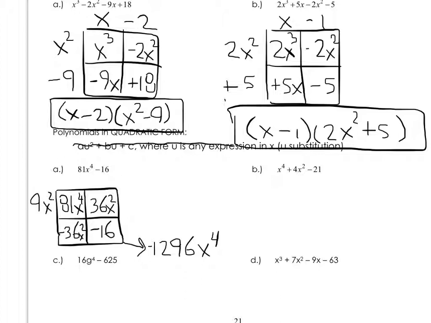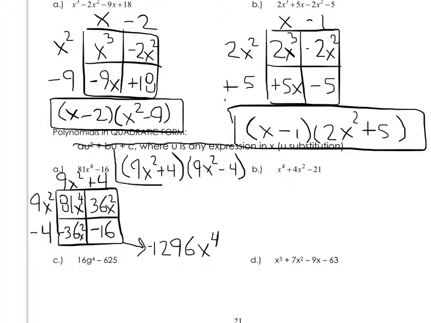So 9x squared is going to be our GCF. 9x squared times a positive 4 is going to give me that. 9x squared times a negative 4 is going to give me that. So I have 9x squared plus 4, 9x squared minus 4. Those are going to be my factors.